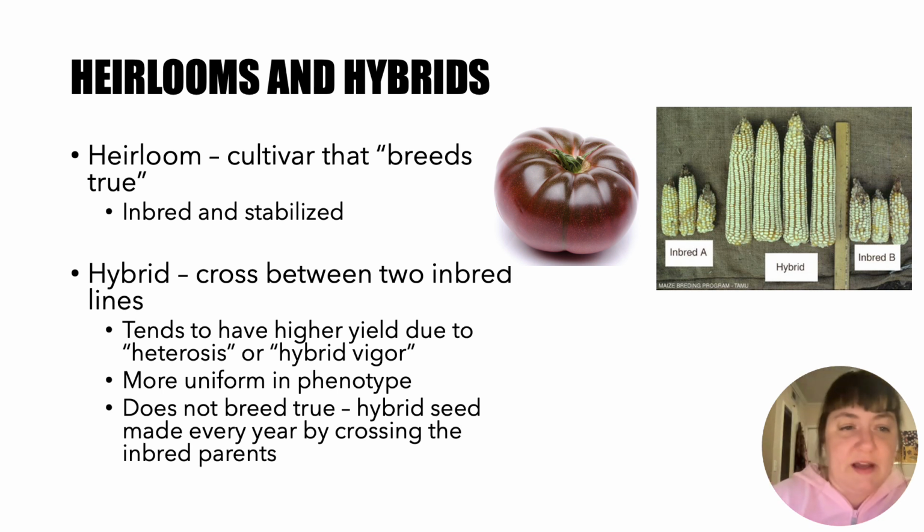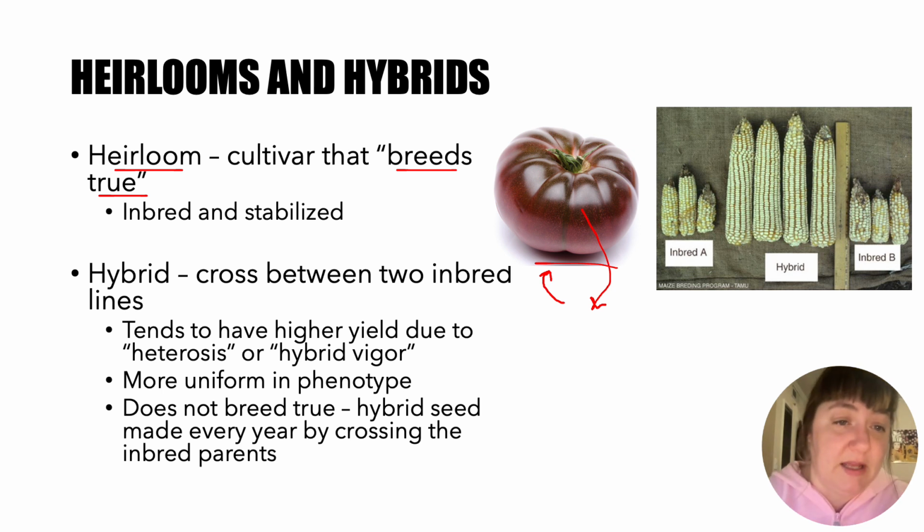To qualify as an heirloom, the variety should breed true, which means that the seeds from one fruit, like in this case, this is an heirloom tomato, if you planted them again, would make a tomato that looks similar or almost identical to the parent plant. Heirlooms can do this because they're inbred, so they don't have a lot of genetic diversity within the population of heirlooms.